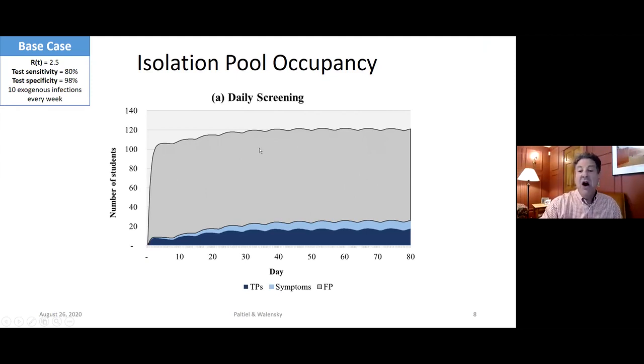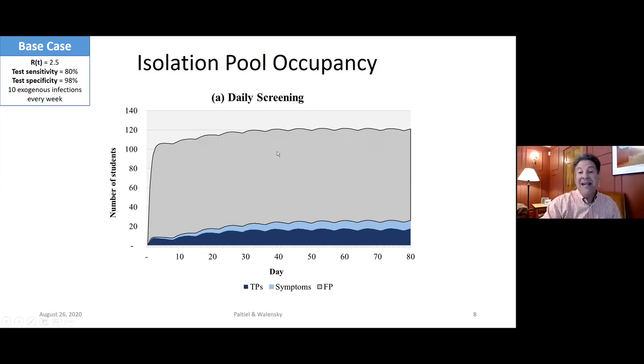Most of those are false positives. Now, these are not the same false positives over the course of the 80 days. Students are cycling in and out as they become detected, and then as the falseness of their positive result is identified, by the confirmatory test, they're sent back to the active population. So kids are cycling in and out.